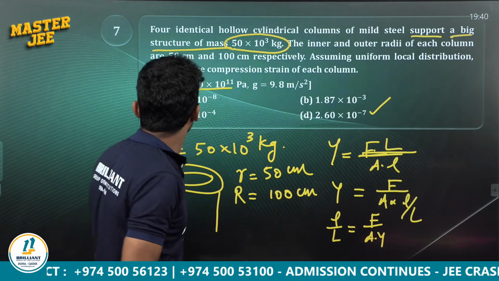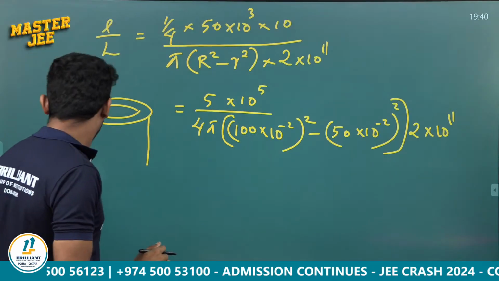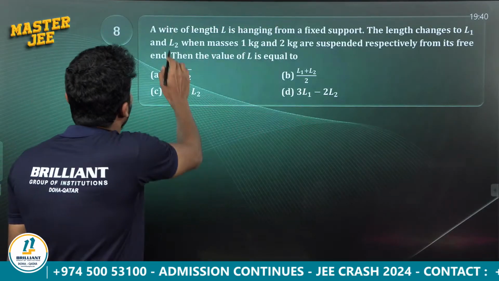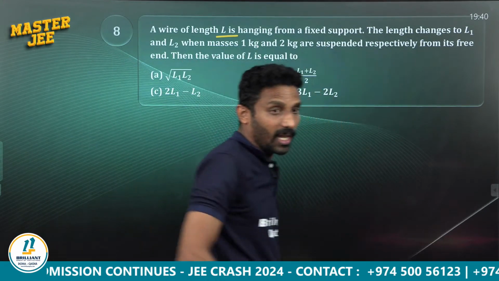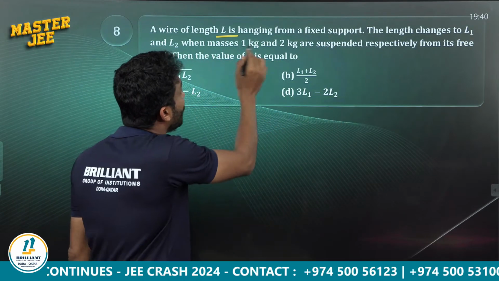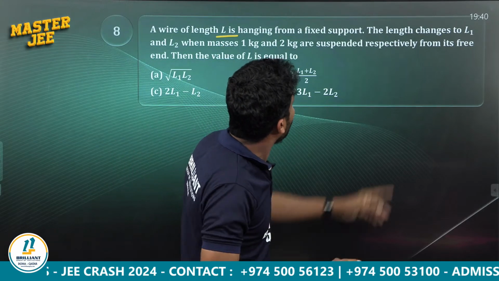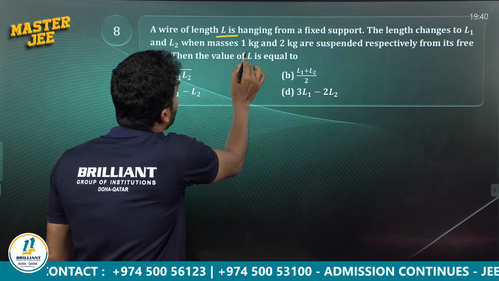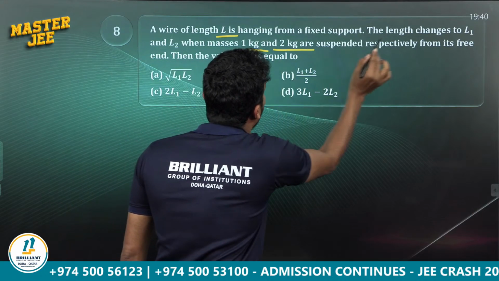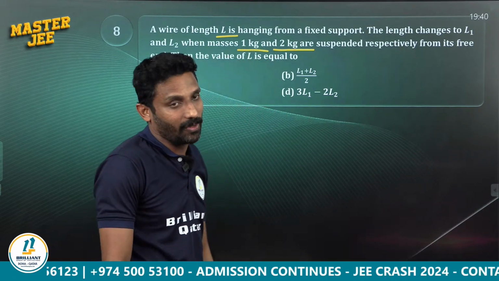Understood? Then we can move on to the 8th question of this module: a wire of length L is hanging from a fixed support. The length changes to L1 and L2 when masses 1 kilogram and 2 kilogram are suspended respectively.